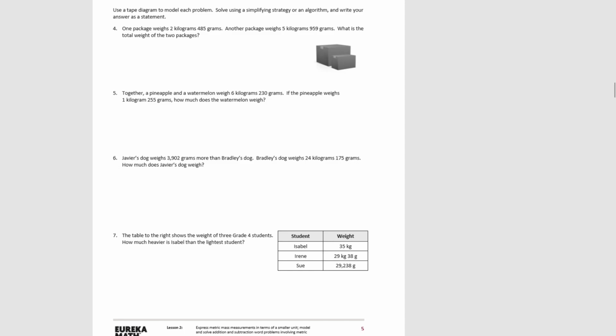So here we know that we have one package that weighs 2 kilograms, 485 grams. We have a second package that weighs 5 kilograms, 959 grams, and we want a total. So this type of tape diagram where we have two parts and we want a whole tells us that we need to do addition.